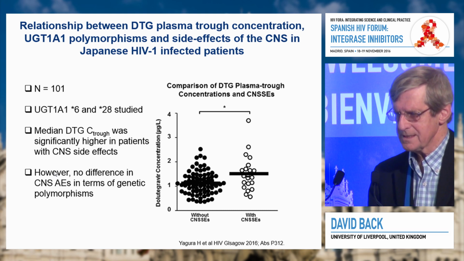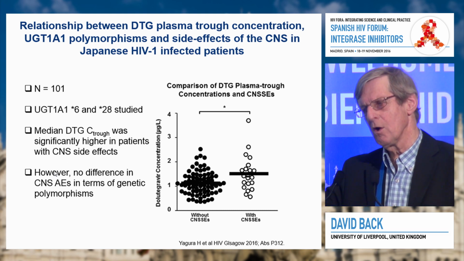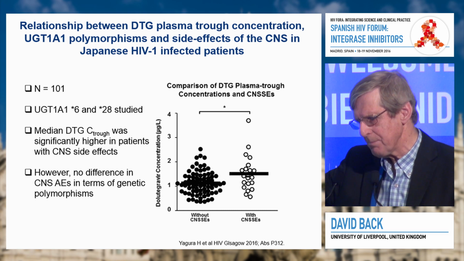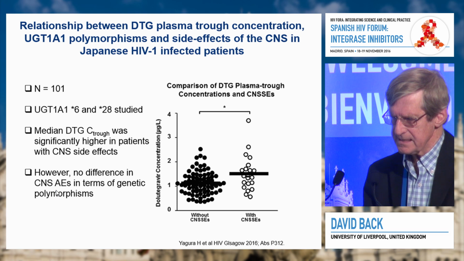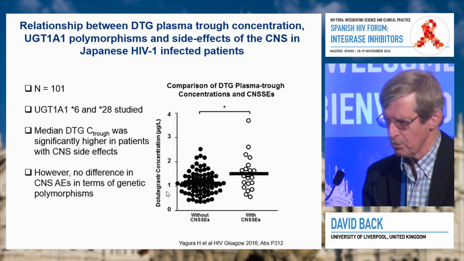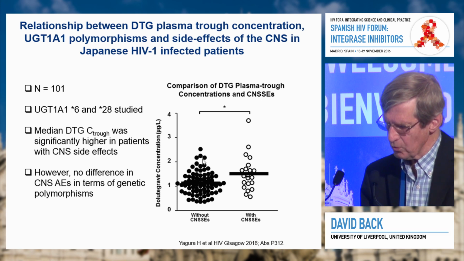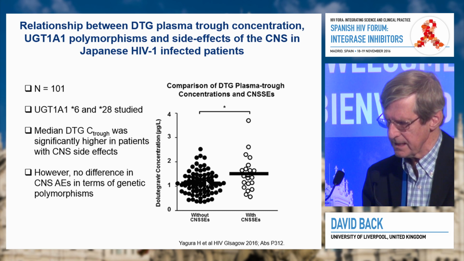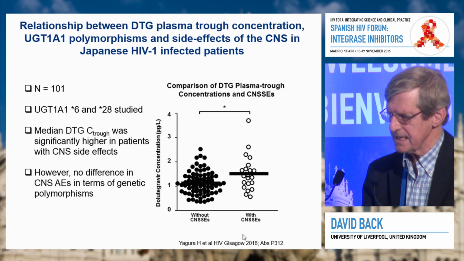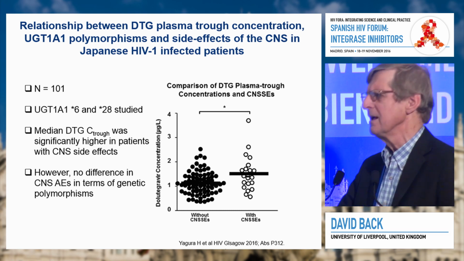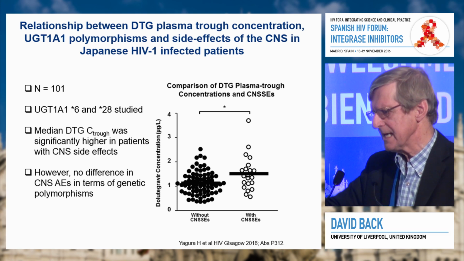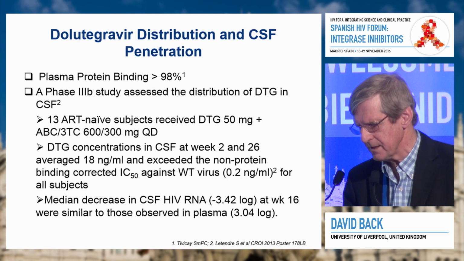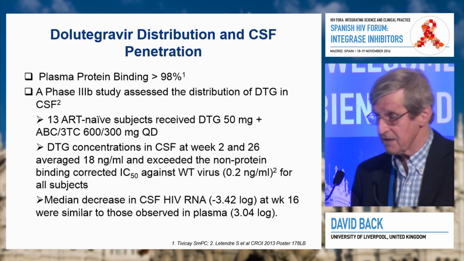Now, they also looked at a genetic marker of the enzyme metabolizing Dolutegravir and said there was no difference in CNS adverse events in terms of genetic polymorphism. But you can see here all these are individual plasma levels, and it was higher if the individuals had CNS side effects.